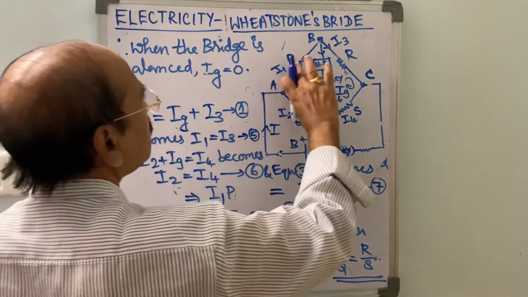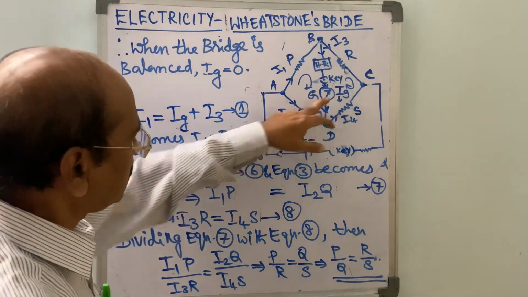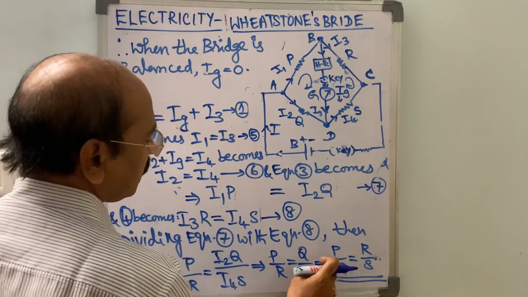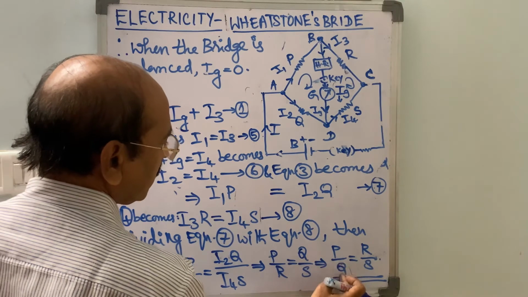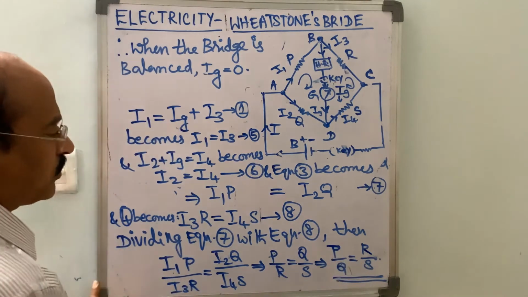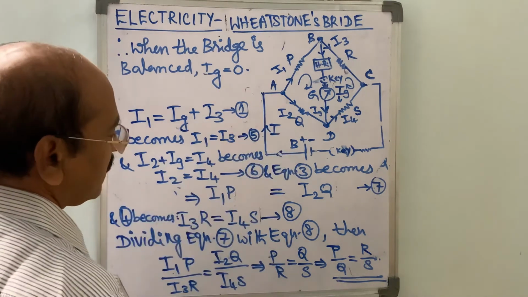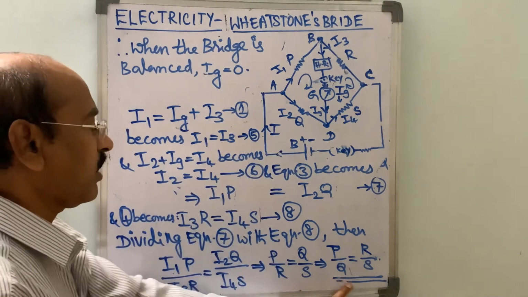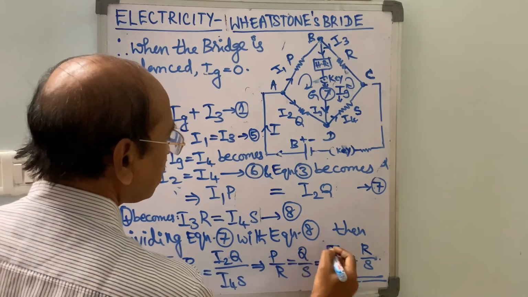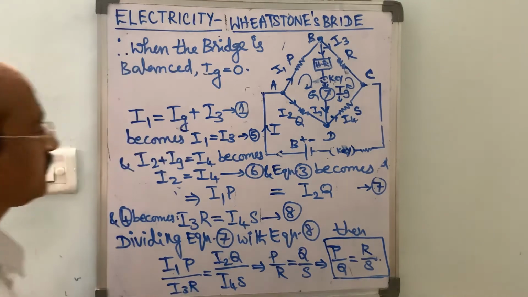So the balancing condition of the Wheatstone bridge is P by Q equal to R by S. Based on this balancing condition, there are a few problems also in the exam.